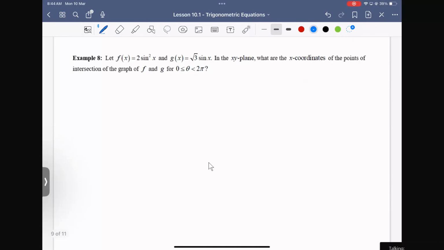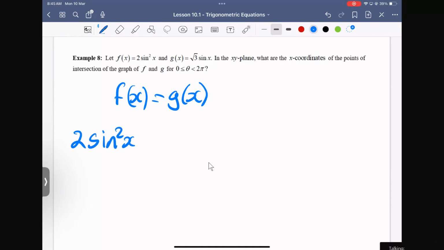Okay, so we've got the function f of x is 2 sine squared x, and g of x is root 3 sine x. Find the intersections of the two graphs. So again, we want f of x is equal to g of x, which is going to give 2 sine squared x is equal to root 3 sine x.